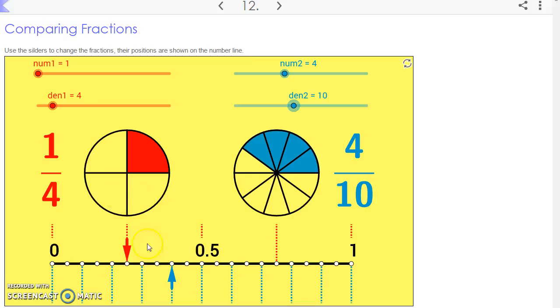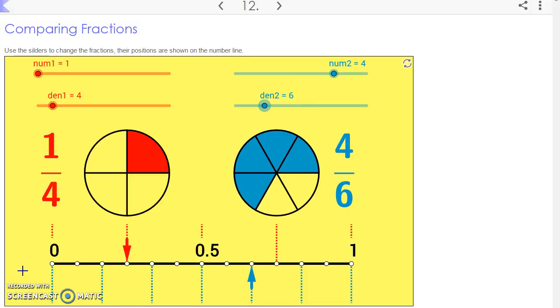So I could ask them to come up and actually label what these points are, or just ask them, alright, 4/10, can you just label this one? Or if they're more advanced, ask them to even label something like this, if they're really getting into decimals, which would be 0.25.